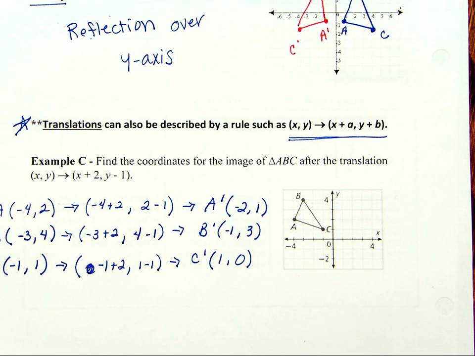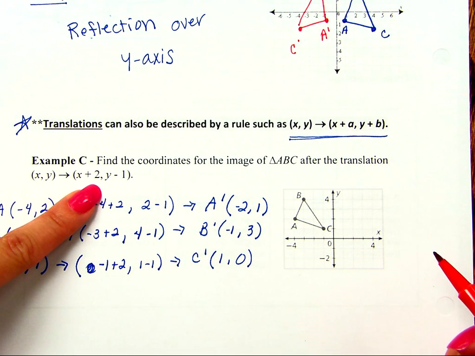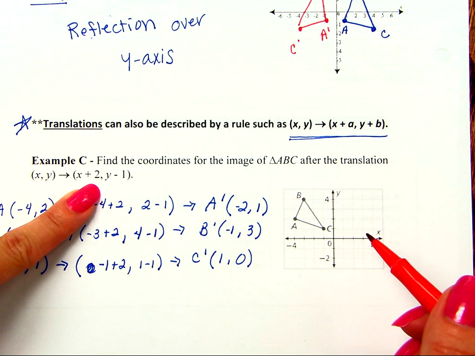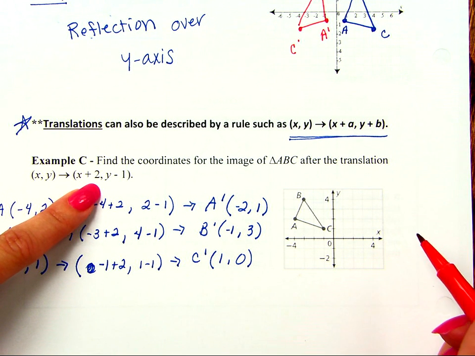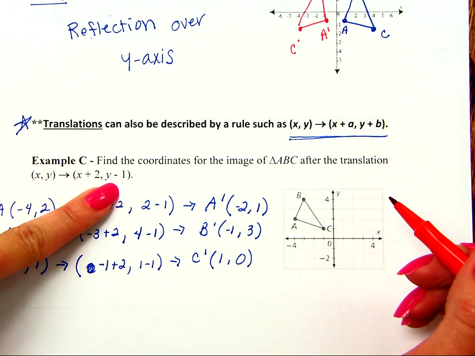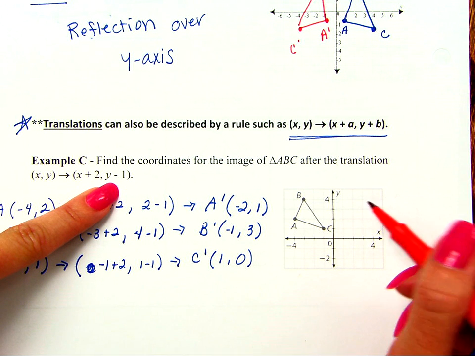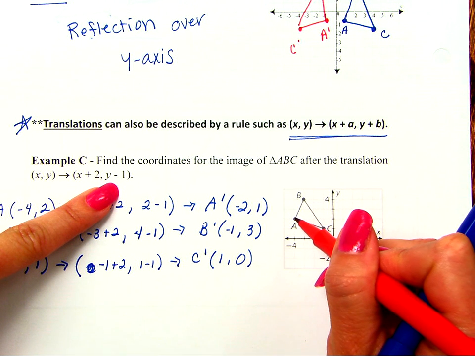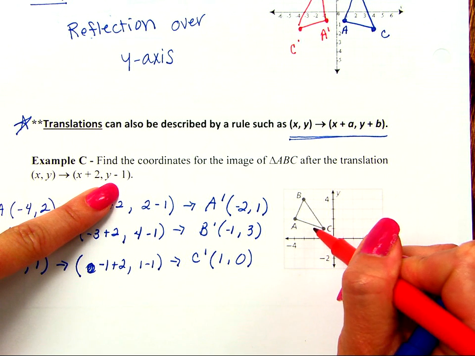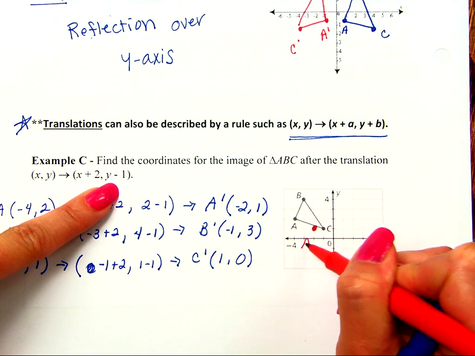Now the other way to do that is to strictly use my picture first, and knowing that my x coordinates would increase by 2, I actually know that they would shift to the right 2, correct? And that my y coordinate will go down by 1. So if I take my point A and I go over 2 and down 1, this would tell me A prime.